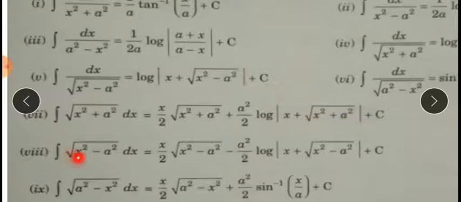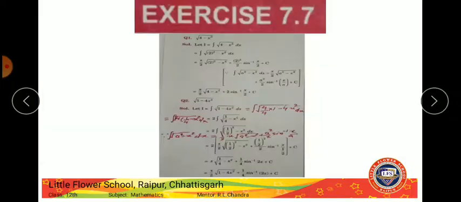Similarly, this is the formula for integration of root x square minus a square, and this one is for integration of square root a square minus x square. We have to use all these formulas wherever required.